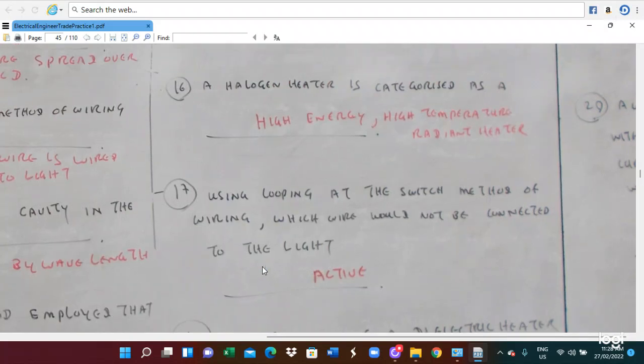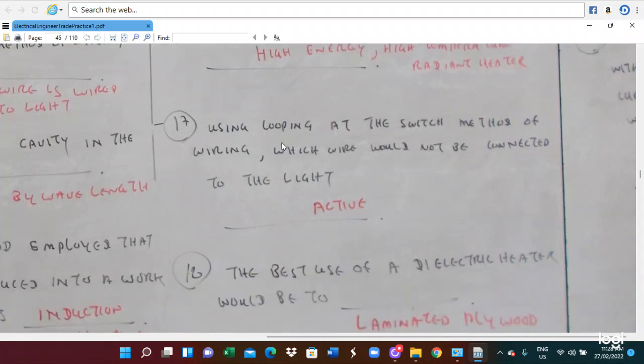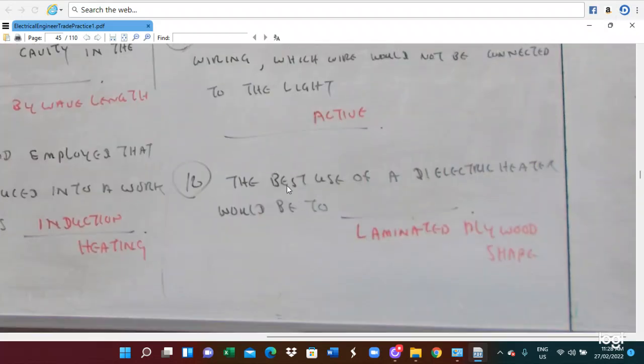The halogen heater is categorized as a light energy, high temperature radiant heater. Using the looping at the switch method of wiring, which wire will not be connected to the light? The active wire should not connect to the light because of the looping at the light switch method. The best use of the dielectric heater would be to laminate plywood shapes.